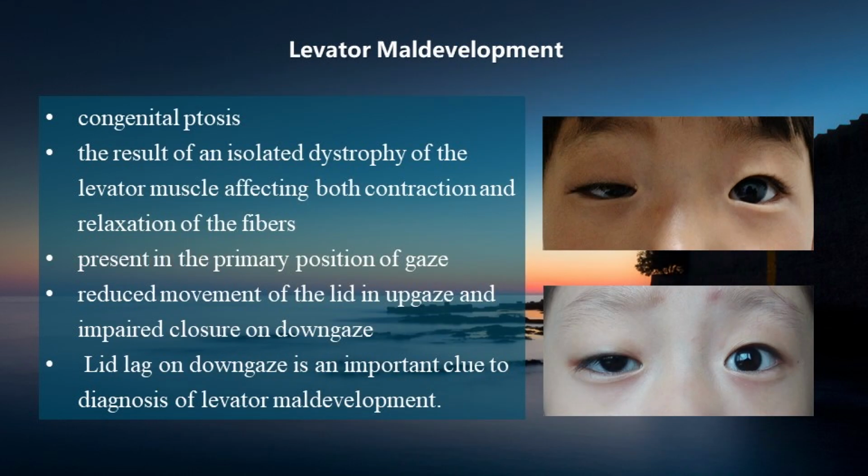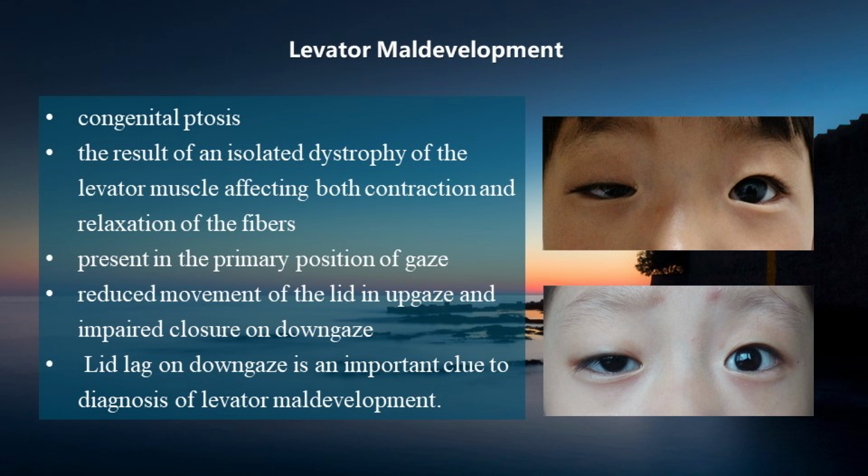Levator maldevelopment. Ptosis from levator maldevelopment, formerly classified as true congenital ptosis, is the result of an isolated dystrophy of the levator muscle, affecting both contraction and relaxation of the fibers.